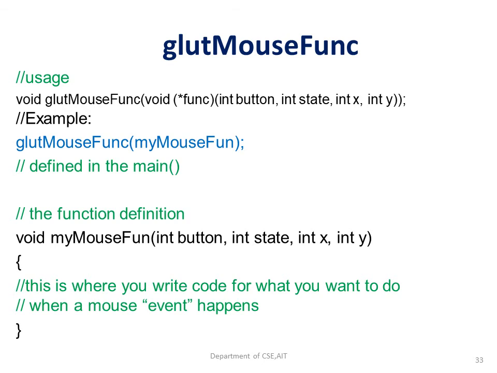The definition of the myMouse function will be given within the curly braces. It will make use of the button, state, and the X and Y parameters. It may or may not make use of X and Y, but the 4 parameters are necessary for the myMouse function.